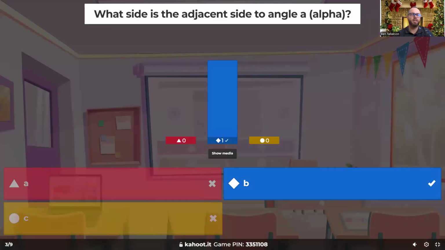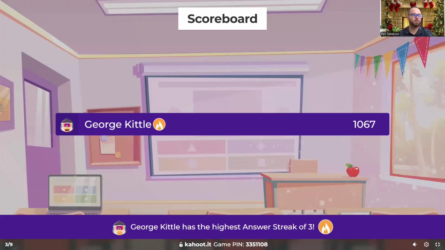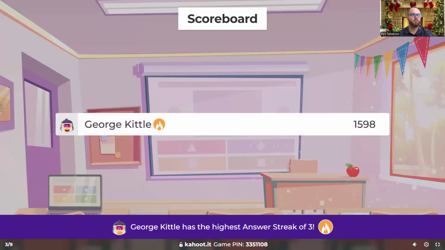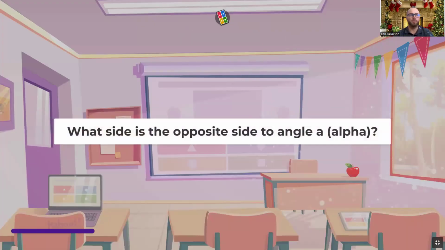Remember, for a side to be adjacent to an angle, it's the side between the angle you care about, in this case, angle A, and the right angle. Number 4.